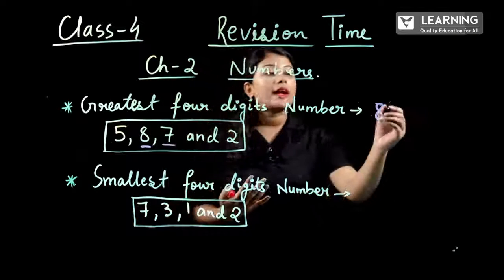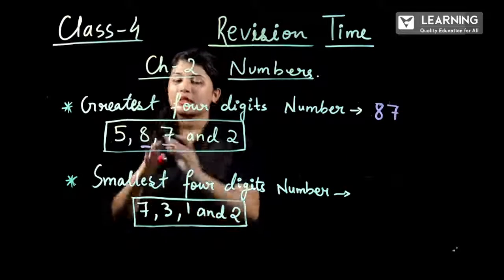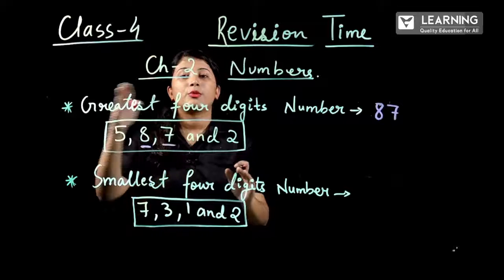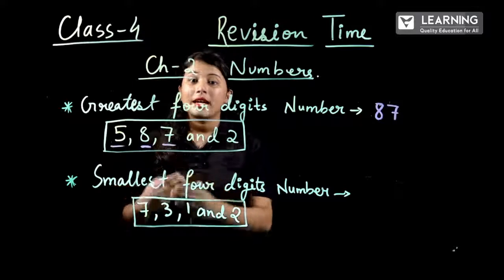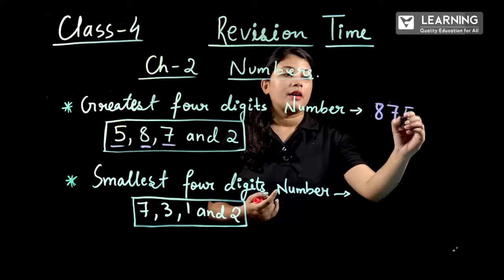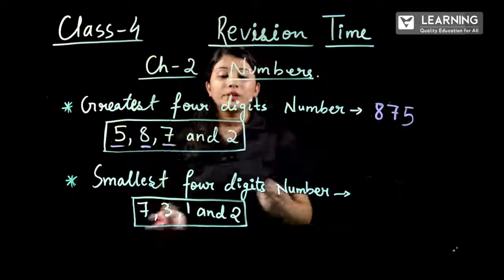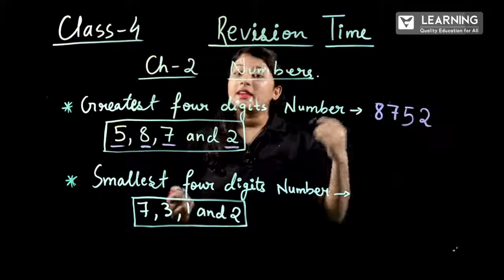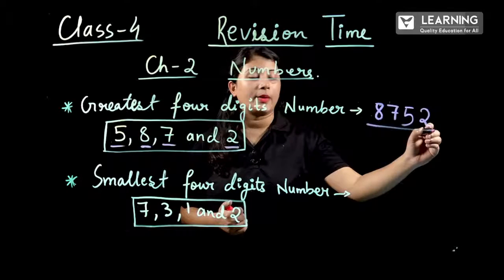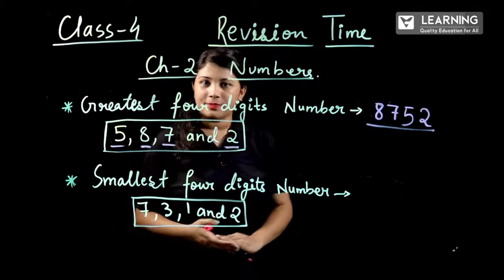So, we will also write 7. Before 7, 6, but 6 is not here, then we will jump to 5 because before 6, we see 5. Then 2 because 2 is the smallest number over here. That is why 2 will go at last. So, this becomes the greatest number in this sequence.